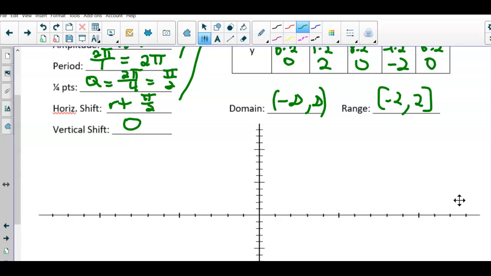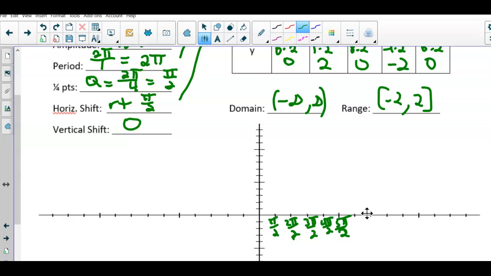So I'm going to make this first line pi over 2, the next one 2 pi over 2, the next one 3 pi over 2, the next one 4 pi over 2, and the next one 5 pi over 2. Okay, I could have spaced them out more, but as long as I keep them evenly spaced, it's fine.